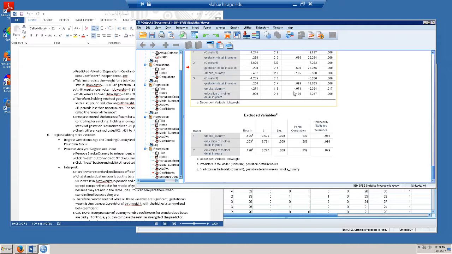It means that it doesn't have as much predictive power as the other two variables. It's not as strongly associated with birth weight as the other predictors, because it's lower. But it still is significant.